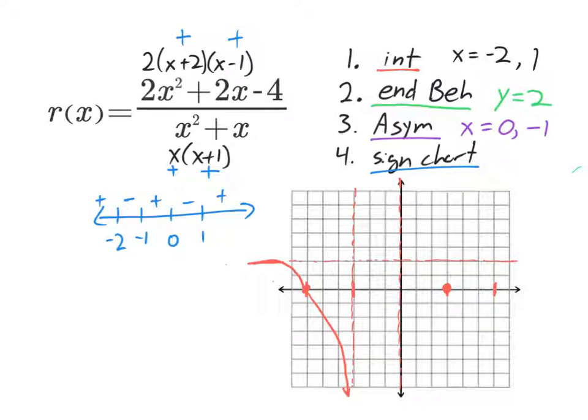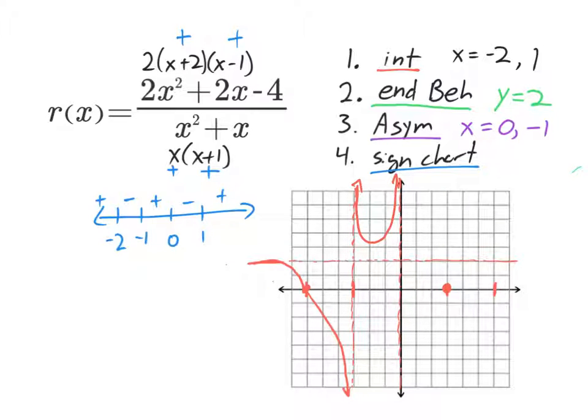Then, after -1, it's positive, which means I need to come back up from here. And then I need to go to the next asymptote. To go from -1 to 0, it needs to stay positive. So somewhere in here, it's going to actually turn around and go back up.